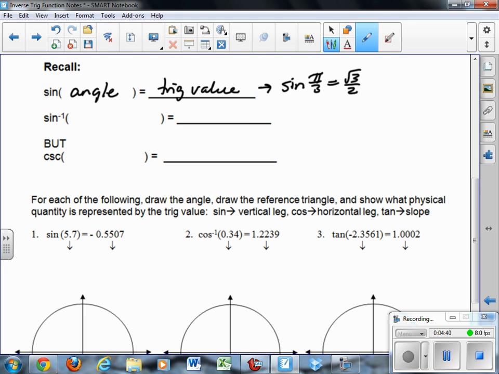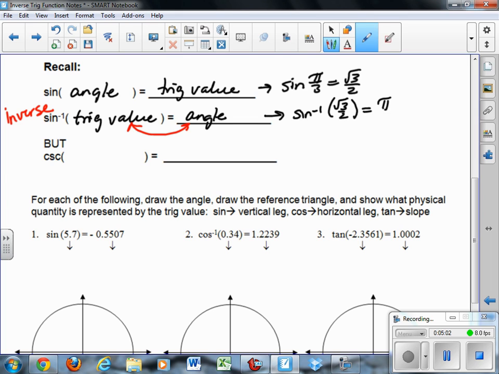Inverse sine then of the trig value is equal to the angle. So when we do an inverse function, the angle and the trig value switch places. So an example of that would be inverse sine of the square root of 3 over 2 is equal to pi over 3. So these two values switched places.